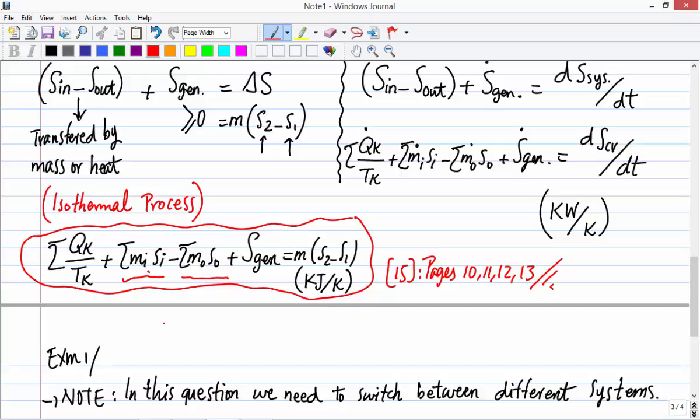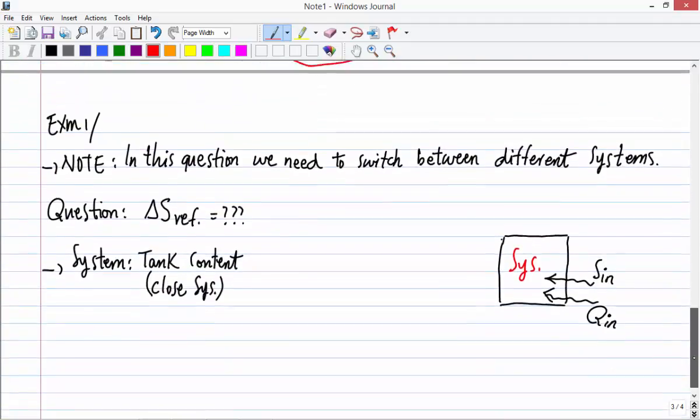There's no mass coming into the system or leaving the system. Still, I might have generated entropy because I'm not sure if it is reversible or irreversible. In the text, it didn't mention anything about whether this is an irreversible or reversible process. And heat is going in, so I have just Q in.